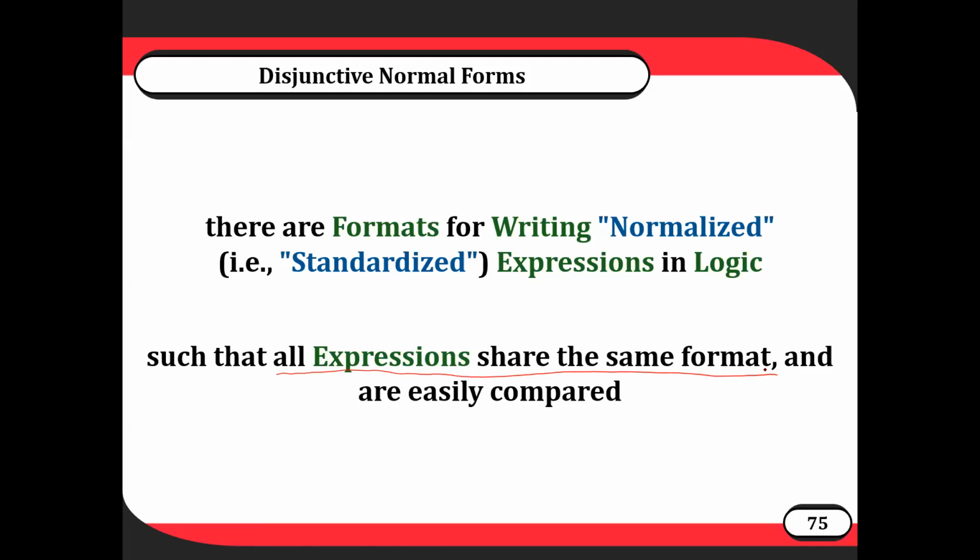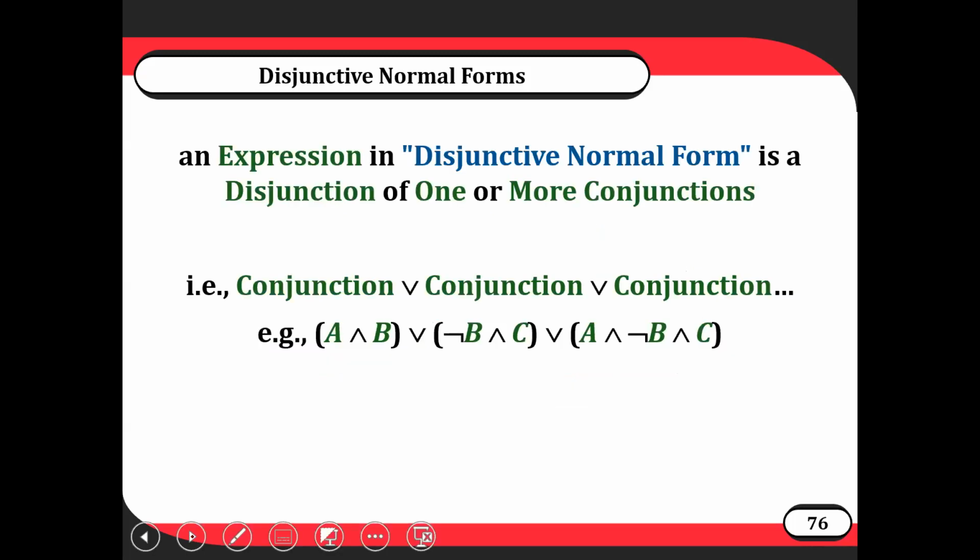We model them off of the truth table. An expression is in disjunctive normal form if it's a disjunction of one or more conjunctions. Remember, conjunction applies to logical and, and disjunction applies to logical or.